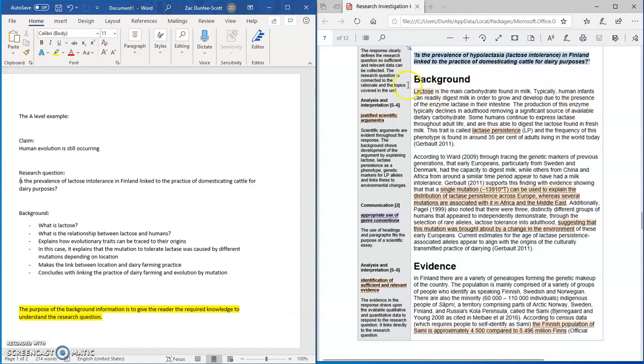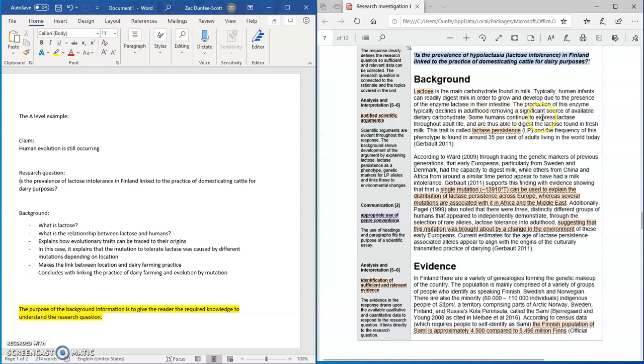Very first sentence: lactose is the main carbohydrate found in milk. Typically, human infants can readily digest milk in order to grow and develop due to the presence of an enzyme, lactase, in their intestine. The production of this enzyme typically declines in adulthood, removing a significant source of available dietary carbohydrate.